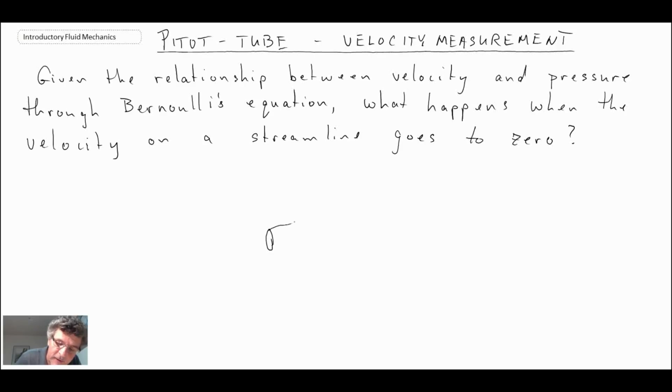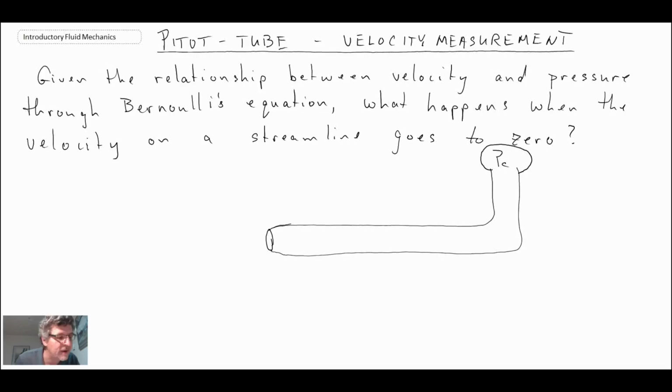So I'm just going to draw a thing that will look like a pitot tube. We'll show you in a moment. But this is a tube that is placed within a flow. And it is connected at the back here to a cavity, and I'll say that that is measuring PC, so pressure at C. The point here, I'll call that point B, and here we have some streamlines coming towards that tube placed in a flow.